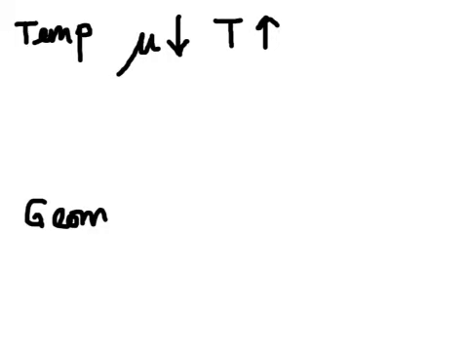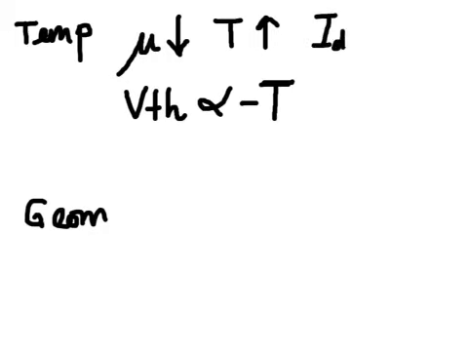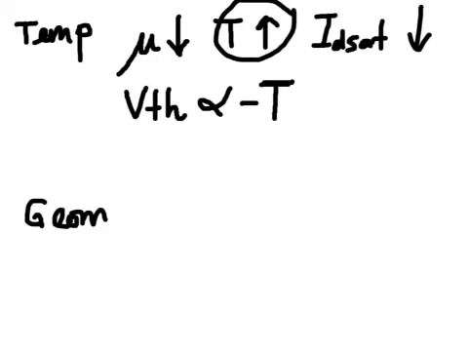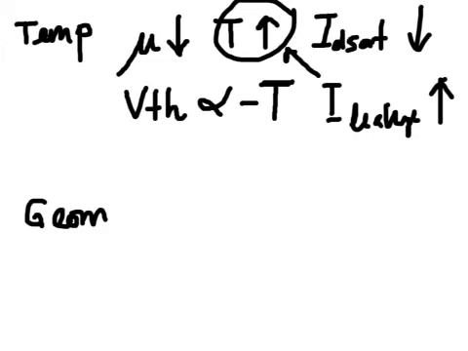And as we've explained briefly just now, the threshold voltage also changes with temperature, but it has a negative linear behavior with temperature, meaning that when temperature goes up, the threshold voltage reduces. And the net effect of this is the saturation current, ID sat, would actually decrease with increases in temperature. But the leakage current would actually increase with increases in temperature.